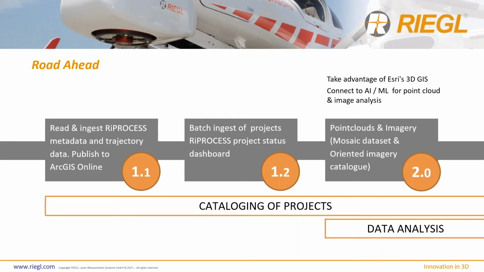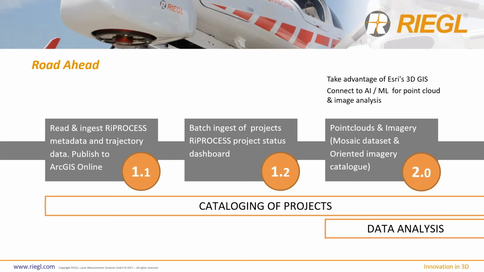Just a word on where we stand right now and what the future plans are, so our road ahead, if you want. Version 1.1 was published in October last year, and it covered more or less the basic functionality of bringing in the data, creating this 3D scene with the laser footprint and the trajectory information, and the search.